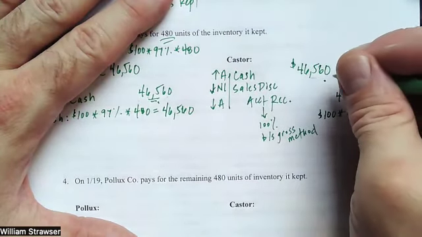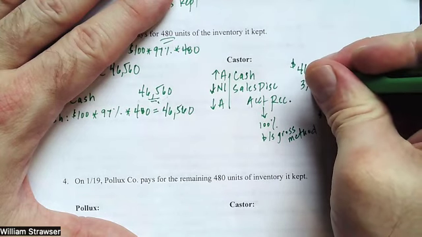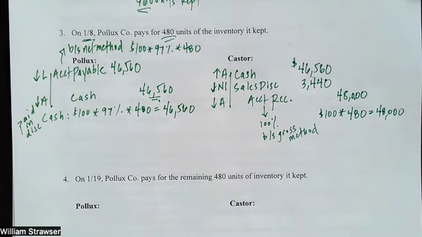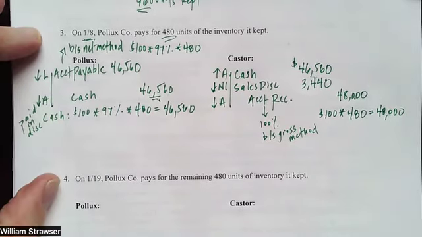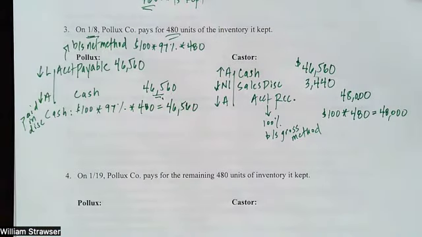And the differential here turns out to be 3,440. And we have no freight here, nothing else going on, no cost of goods sold to worry about because Pollux hasn't sold the inventory to someone else. And this is just Castor recording the receipt of cash from a prior credit sale.